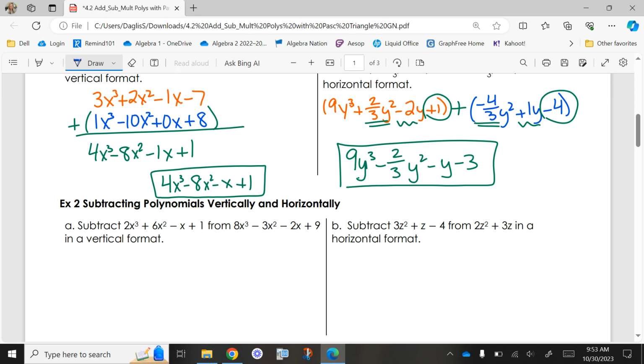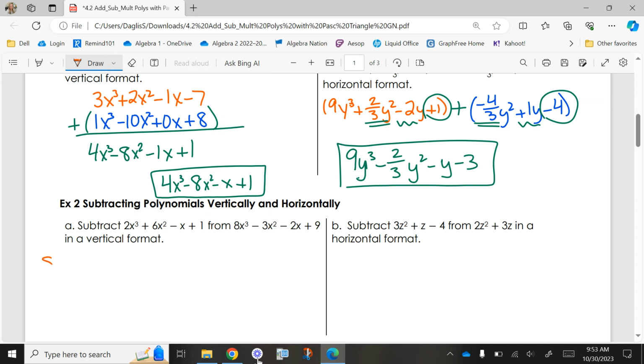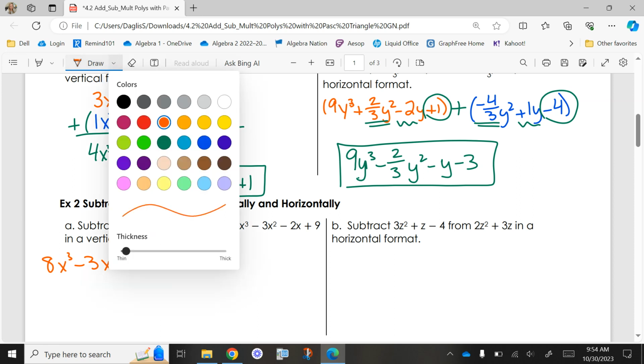We got to watch out with that wording, don't we? If I subtract 2 from 8, I'm doing 8 minus 2, right? Yes, so I wrote the wrong one first. 8 needs to come first. Try this again. 8x to the power of 3 minus 3x squared minus 2x plus 9. There we go.